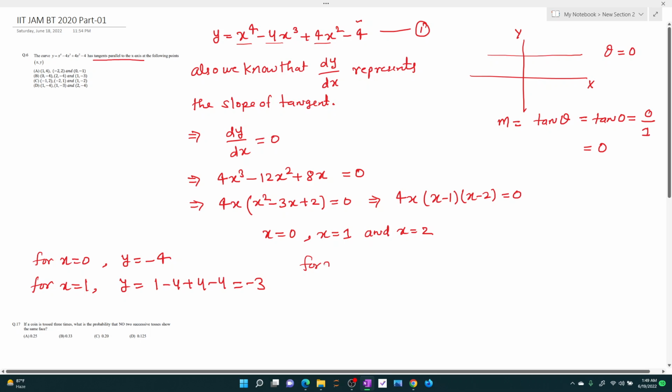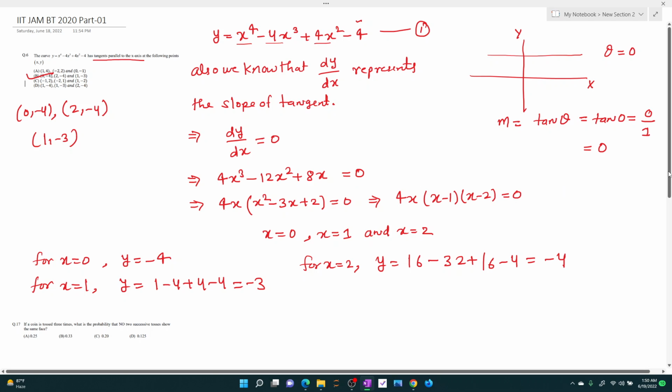For x equals 2, y is 2 power 4, which is 16, minus 2 power 3, 8 into 4, 32, plus 2 power 2, 4 into 4, 16, minus 4, which is negative 4. So the points are 0, negative 4; 2, negative 4; and 1, negative 3. So option B is correct.